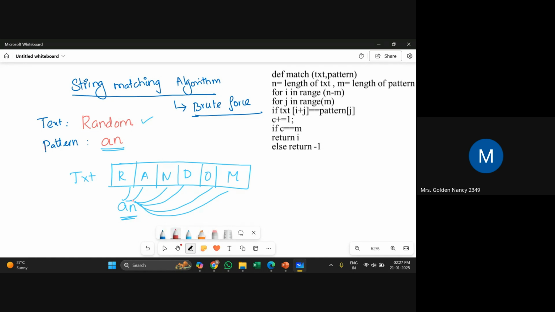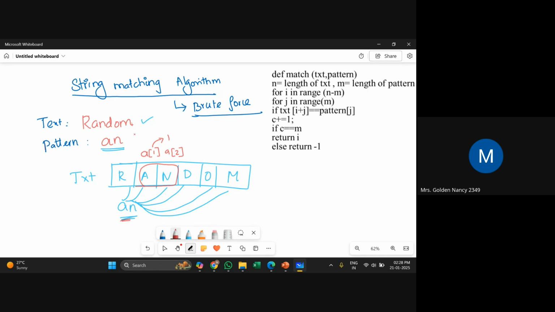By seeing it, we can find that AN is present at array of 1 and array of 2. So the index value of my pattern is 1. By seeing we can find it, but we are making a computer do that work for us.